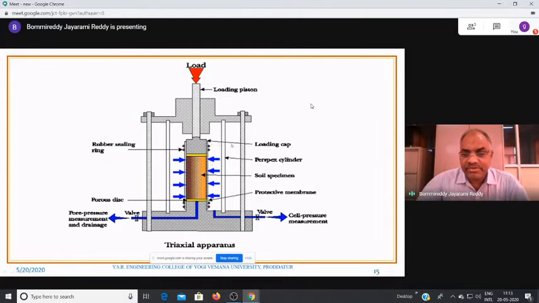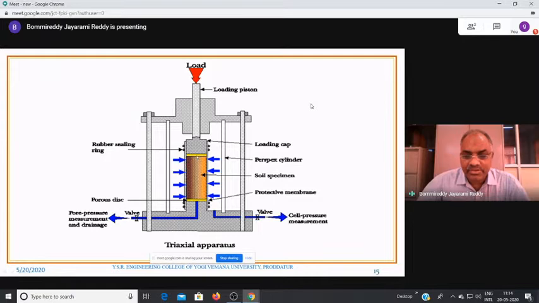This is the loading cap, and over that the loading piston, and the load will be applied appropriately to the soil. And this is the overall guiding arrangement. At the top of the soil, the yellow color is the protective membrane.